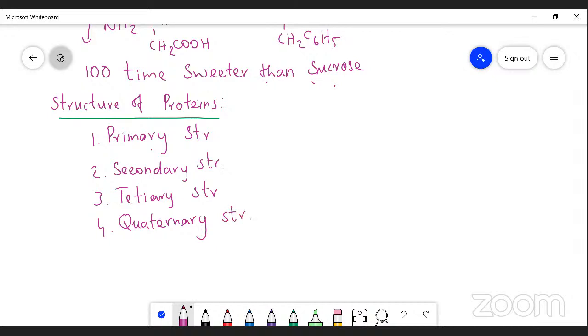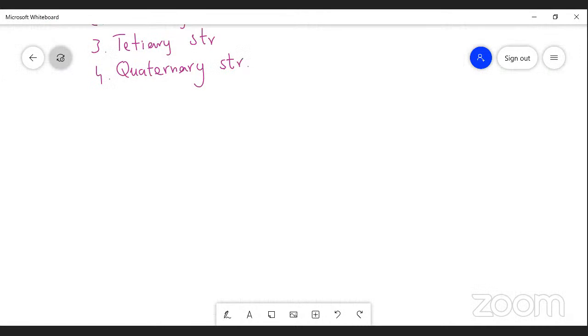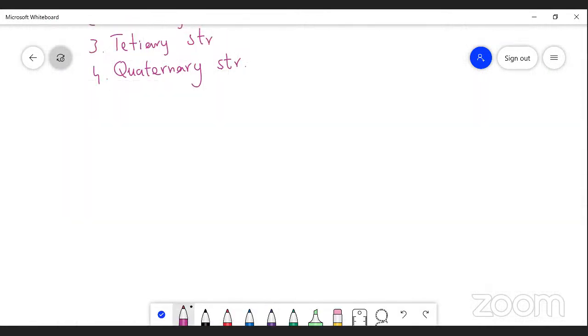The first one we are taking is the primary structure of protein.